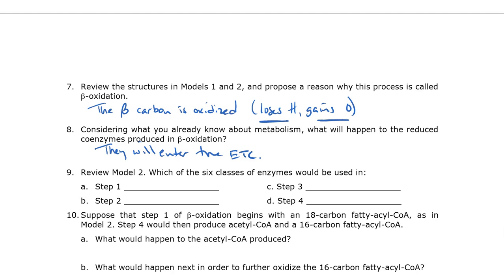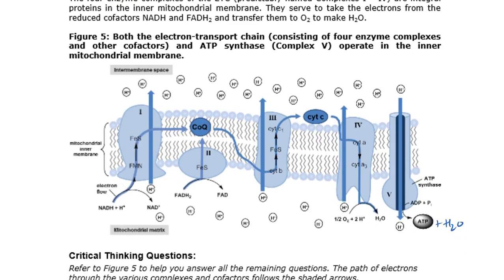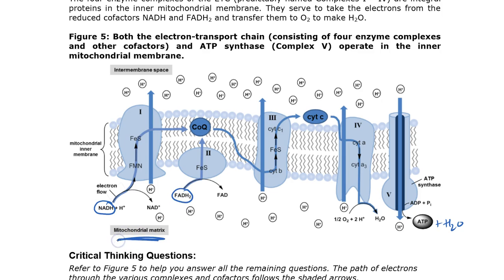Because this pathway is happening in the mitochondrial matrix. If I go back to the figure for electron transport, and I have NADH and FADH2 in the mitochondrial matrix, what's going to happen to them? They're going to go right into electron transport and be used to produce ATP.